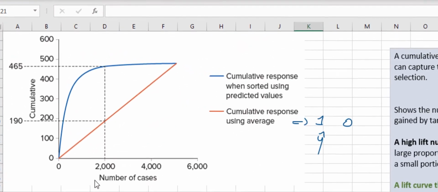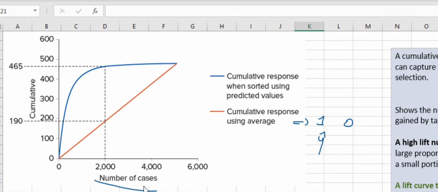Here the x-axis represents the number of cases and the y-axis indicates the cumulative number of target class cases, which we can call case 1, identified by the model. The orange diagonal line represents the baseline model, where observations are randomly selected without using any predictive model.